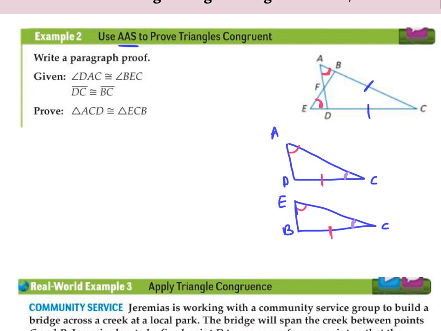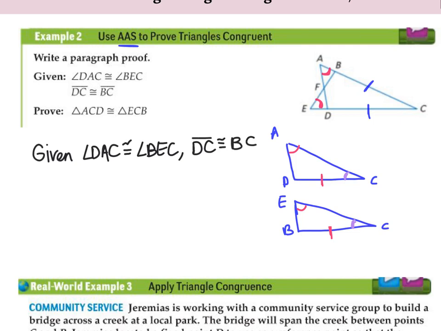So writing that out, we say, given angle DAC is congruent to BEC, side DC is congruent to BC, and also, remember this purple C angle, C is congruent to C by the reflexive property, because remember they share that angle on both triangles.